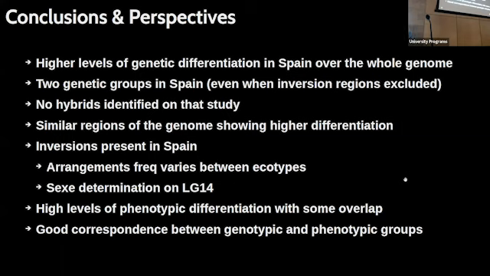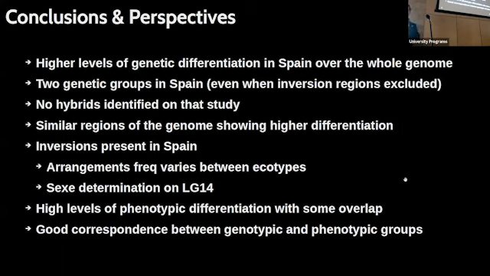We didn't find any hybrids in that study, though I can say that we are doing a follow-up study and we find some occasional hybrids, but they are quite rare compared to the Swedish system. We also have some level of parallelism, in the sense that the same regions of the genome show very high differentiation in both systems, in both countries.